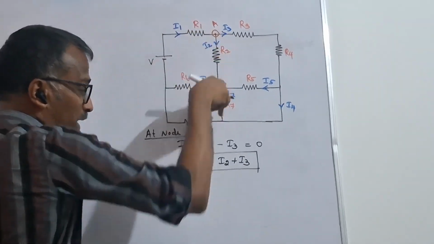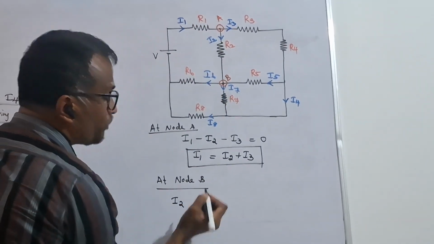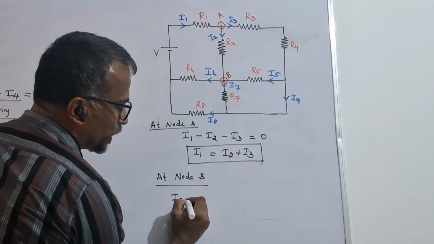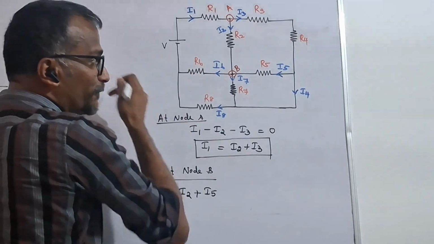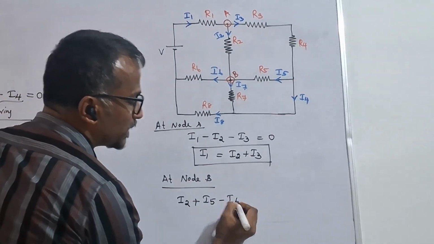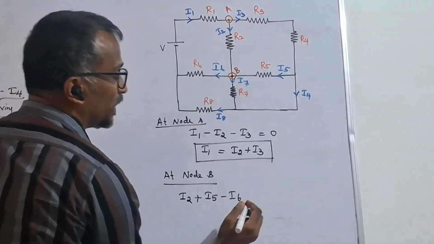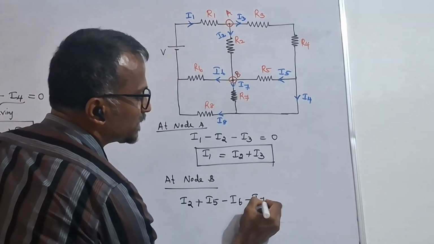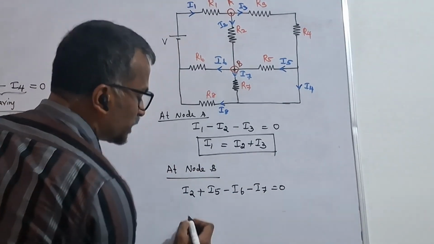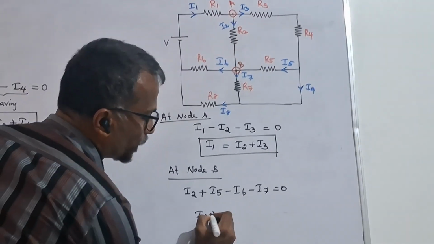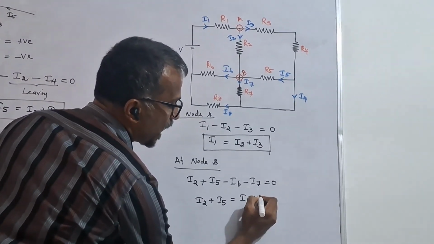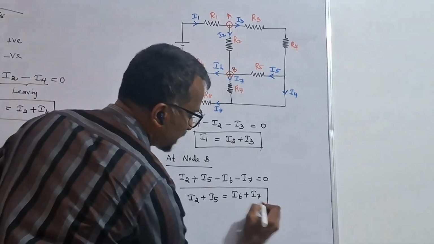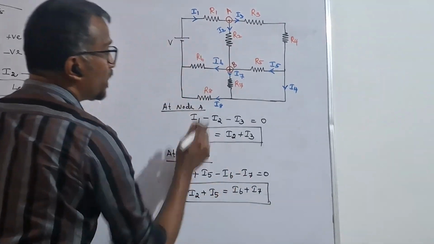I2 is entering, so I can write I2 positive, I5 is also entering, so plus I5, then I6 is leaving the node, so minus I6, I7 is also leaving the node, so minus I7 is equal to 0. From this we can write I2 plus I5 is equal to I6 plus I7. So this is the second nodal equation of the particular node.